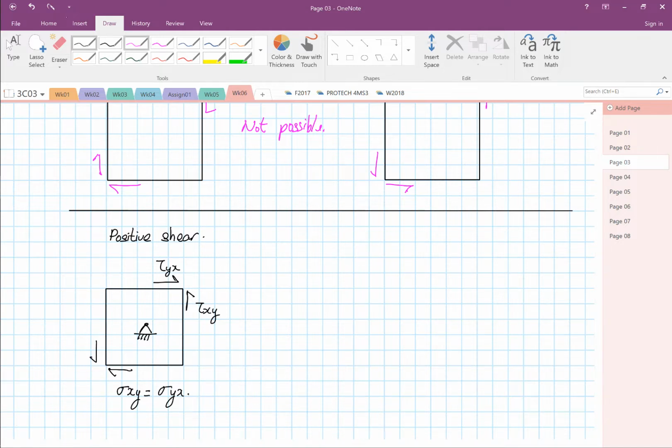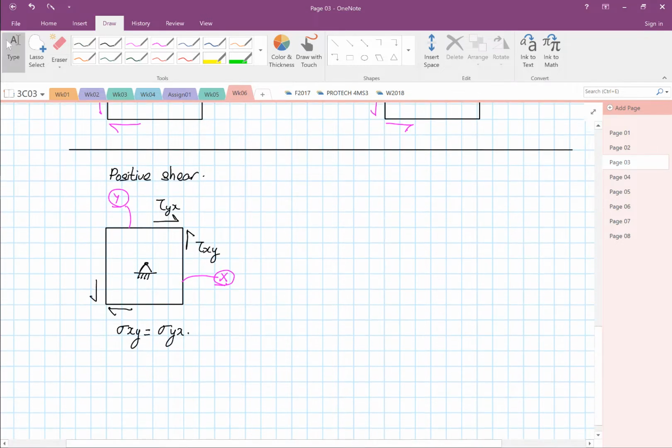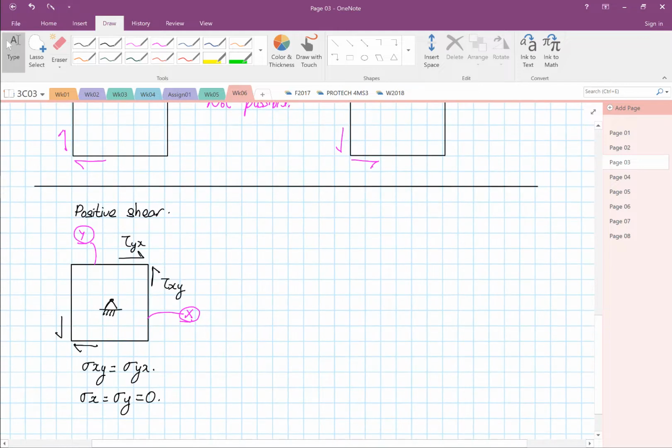So I'm going to call this surface over here my x point, and this surface my y point. And what we realize over here on this example, where stress x is equal to stress y, and both are equal to 0. Okay, so that's the element.